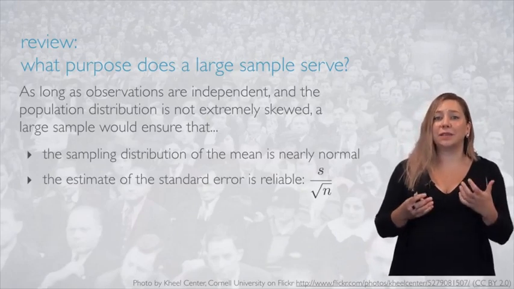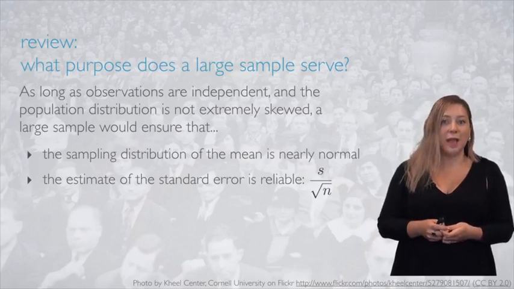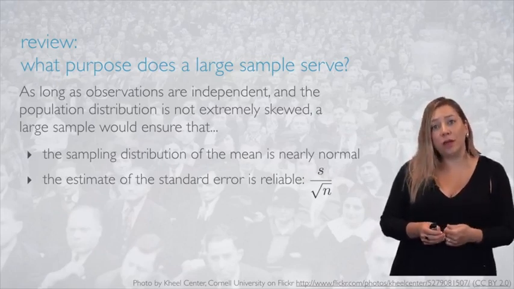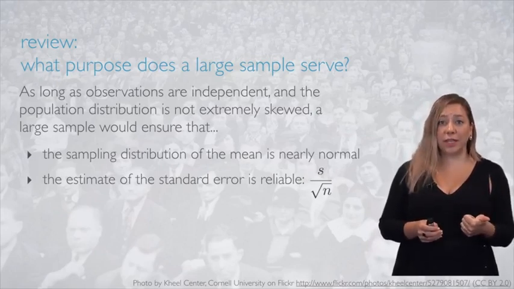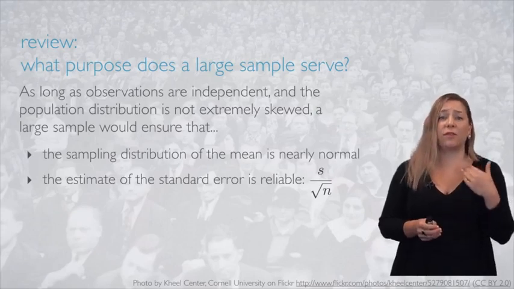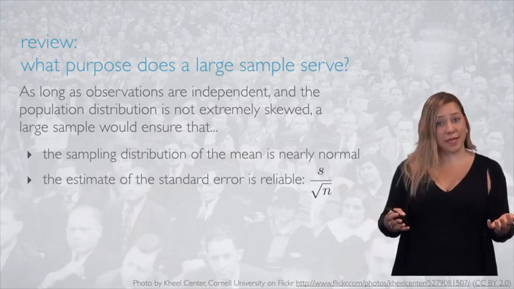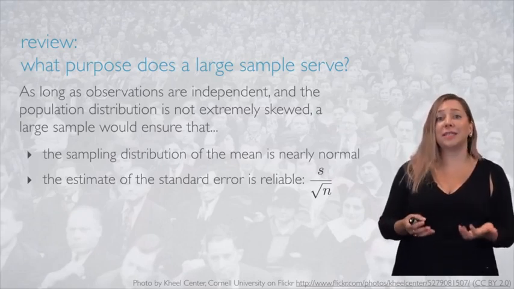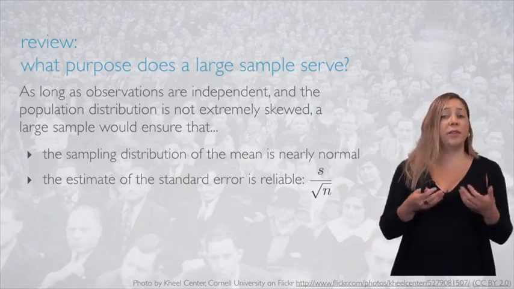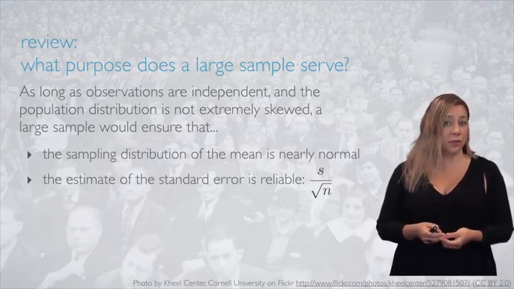Remember, we estimate the standard error of the sampling distribution as s over the square root of n, where s is the sample standard deviation, that is the best estimate we have for the unknown population standard deviation, sigma. If the sample size is large enough, chances are s is indeed a good estimate for sigma, and therefore your overall standard error estimate is reliable.